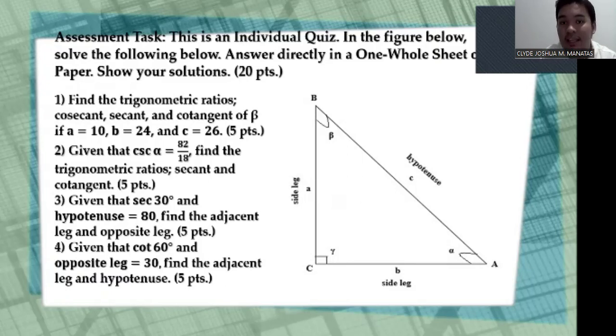And remember, this is an individual quiz. It will be part of your written works, and this is 20 points. Okay, so I'll give you 15 minutes to answer this.